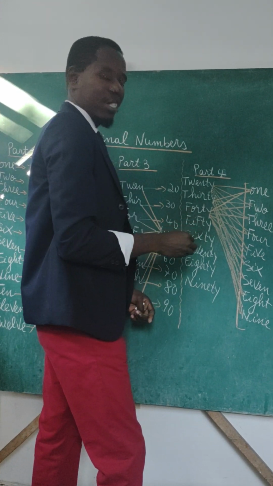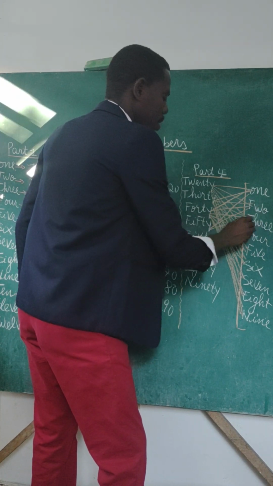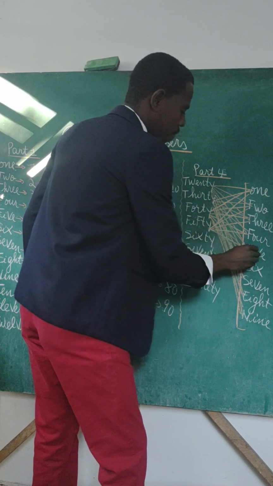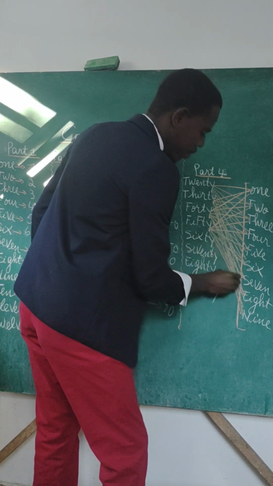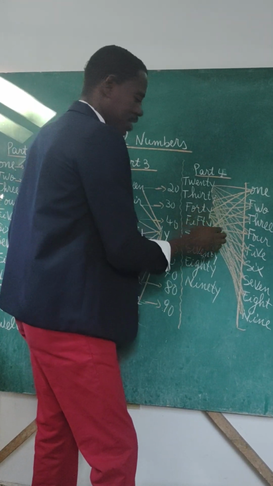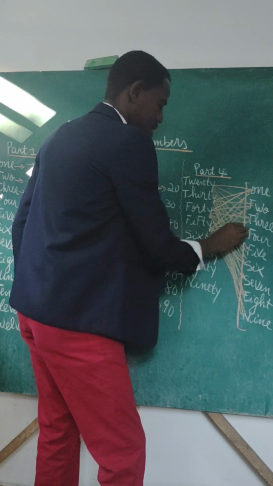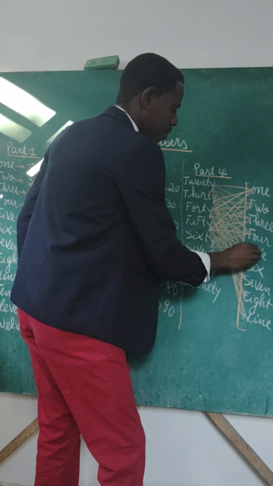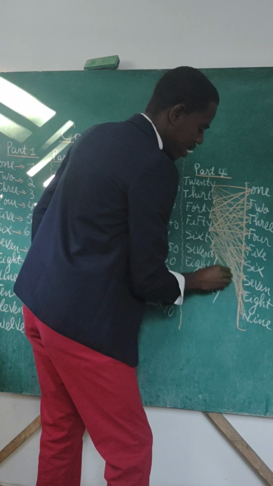And I continue with the same process. 51, 52, 53, 54, 55, 56, 57, 58, 59. What about this number? How do you say it? 60. I do the same thing. 61, 62, 63, 64, 65, 66, 67, 68, 69.